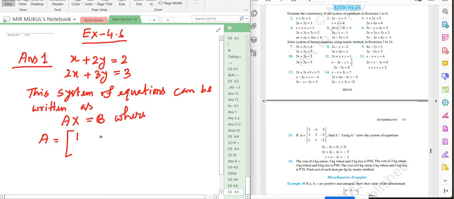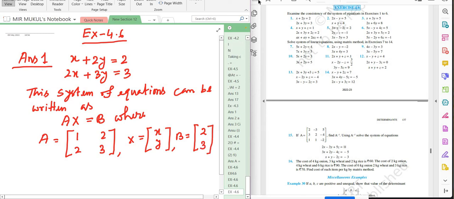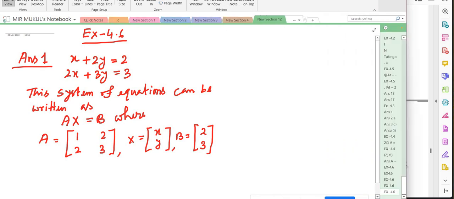So what is the coefficient? 1, 2, 2, 3. And X will be the variable matrix, that is x, y. And B will be the constant matrix, that is 2, 3. After that we'll check whether A is non-singular or not.